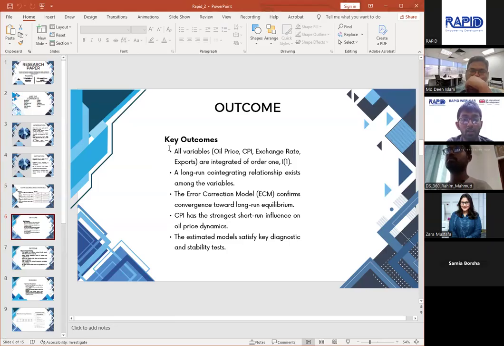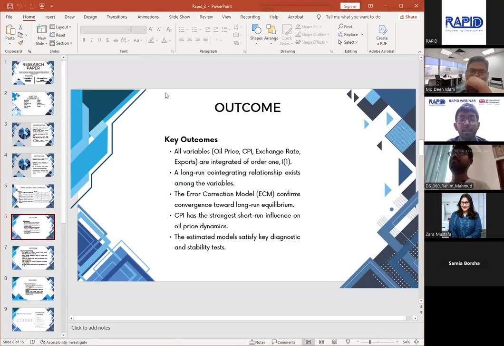Secondly, given that all variables are I(1), we test for co-integration and we find strong evidence of a long-run co-integrating relationship among them. In simple terms, this means that even though these variables may drift apart in the short run, there exists a stable long-run equilibrium relationship binding them together.